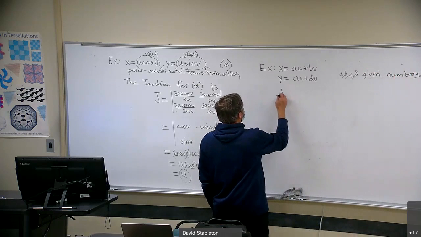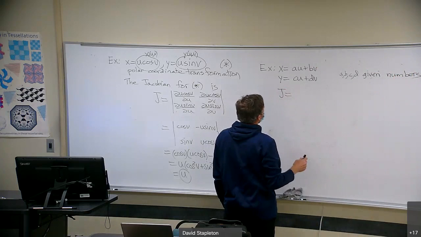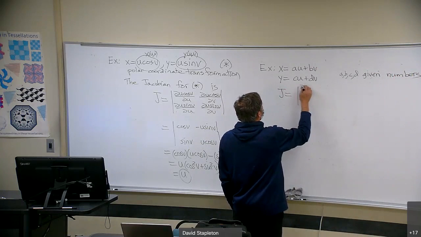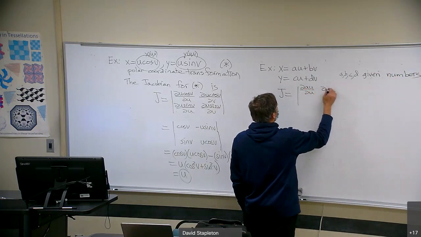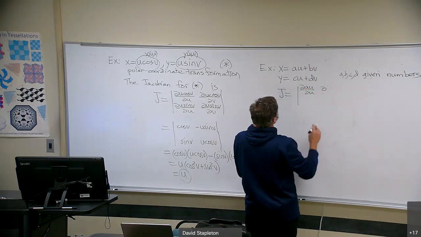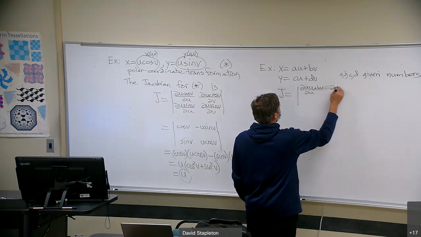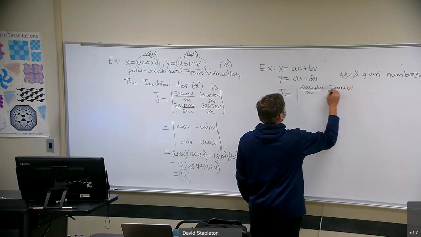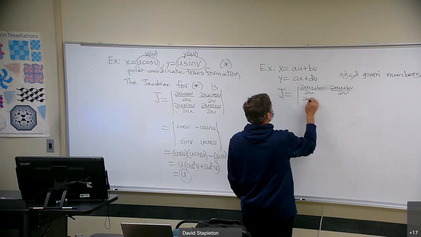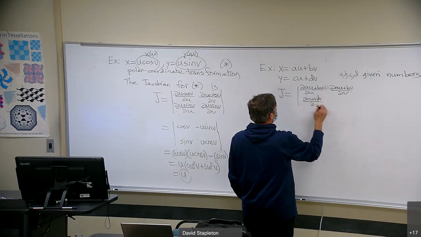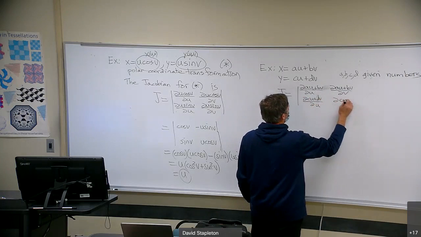The Jacobian is actually constant. The Jacobian is just a determinant: partial of x, a u plus b v, with respect to u, partial of a u plus b v with respect to v, partial of c u plus d v with respect to u, partial of c u plus d v with respect to v.